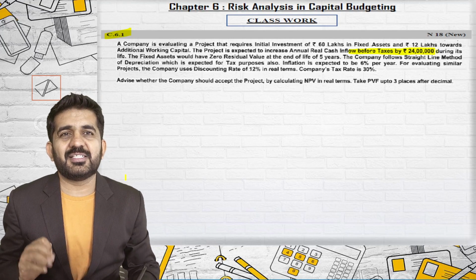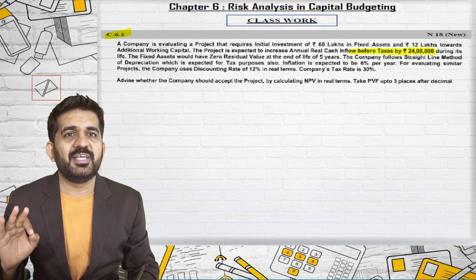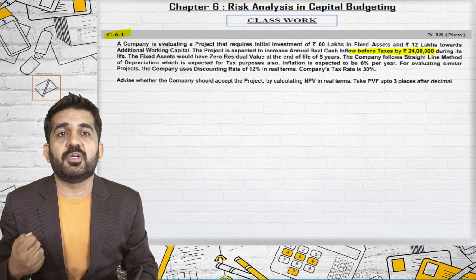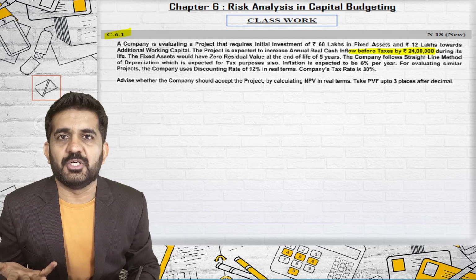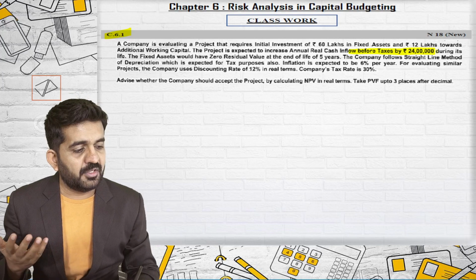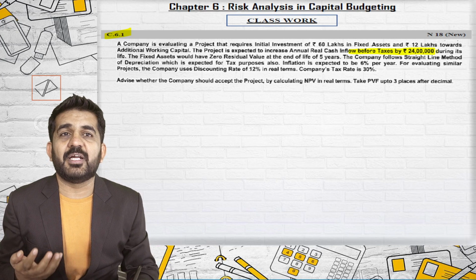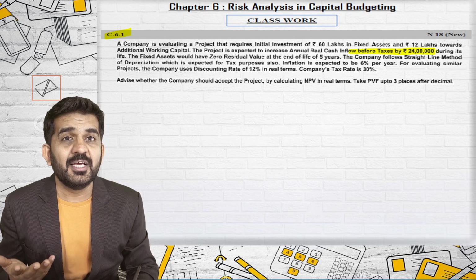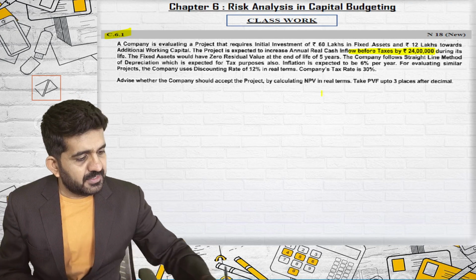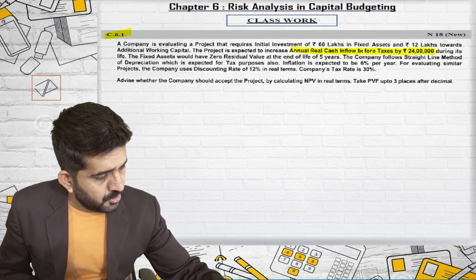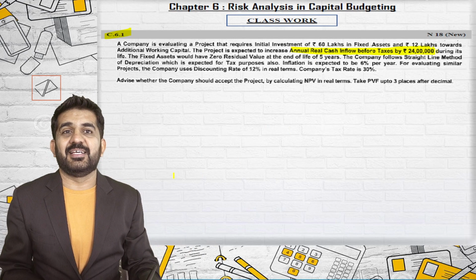Now try to understand. Normally, if these wordings are written, I will assume that tax benefit on depreciation is already considered. If it is annual real cash inflows after taxes, I will assume that tax benefit on depreciation is taken. But see the wordings: annual real cash flows before taxes.